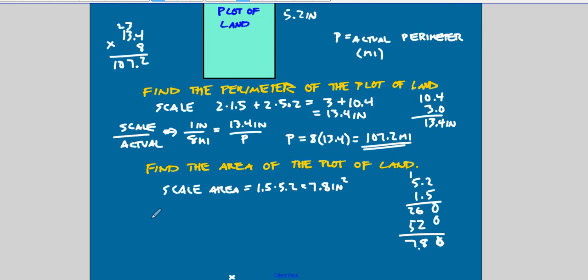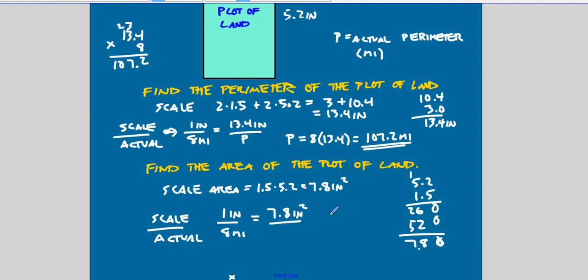Okay, so now we remember we're going to have to square some things here, so we're going to go scale to actual. So scale was 1 inch to 8 miles. The scale area is 7.80, or 7.8 square inches.